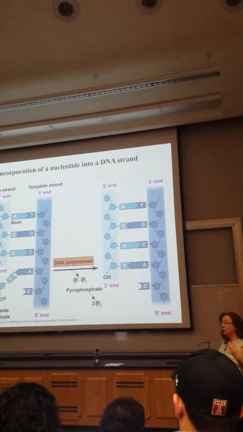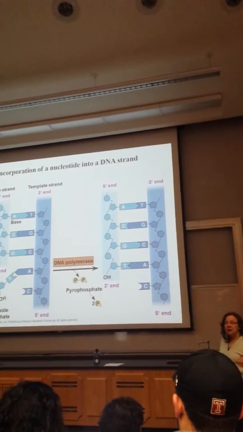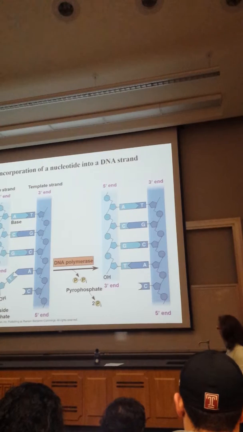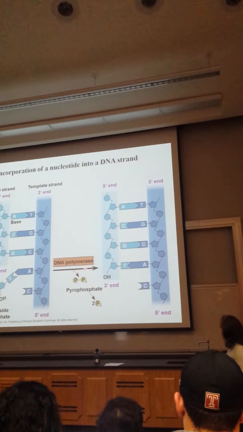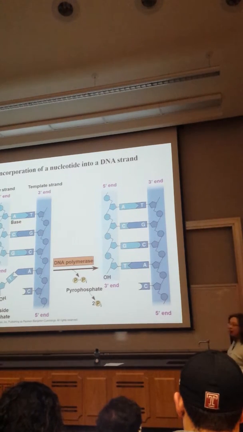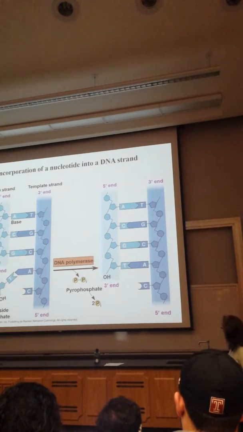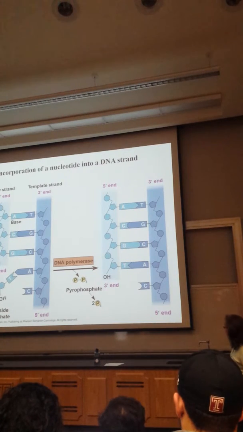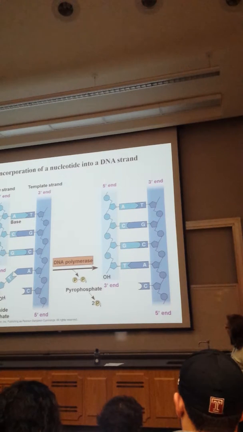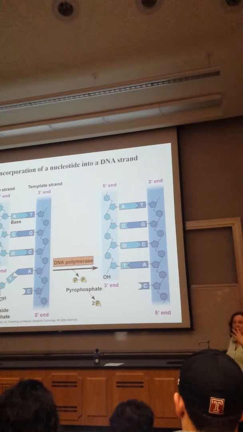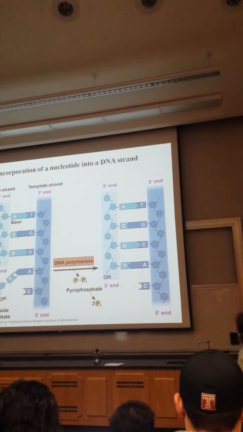It is a phosphoryl transfer that is energized by the repulsive forces between the phosphate groups that are being split off as the new base is incorporated, and that energy is used by DNA polymerase to seal the covalent bond between the phosphate and the 3' hydroxyl to form a phosphodiester linkage.